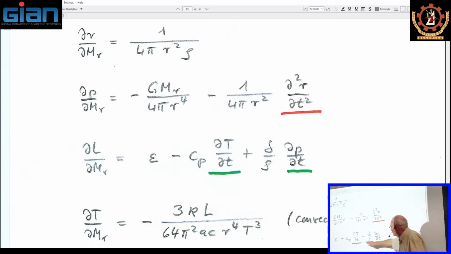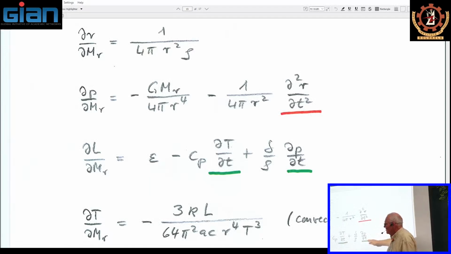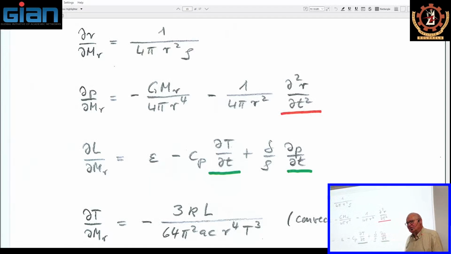There are 2 time derivatives appearing here, maybe written as a single time derivative of the entropy here. This has to do with the change of the heat content of the stellar matter. So this is related to the thermal timescale or the Kelvin-Helmholtz timescale.